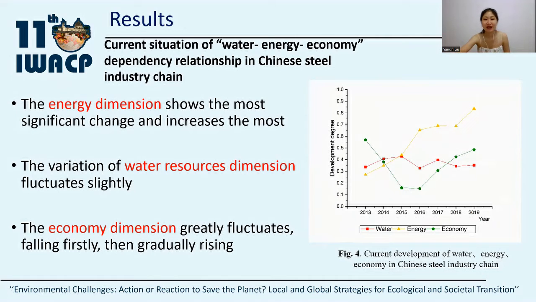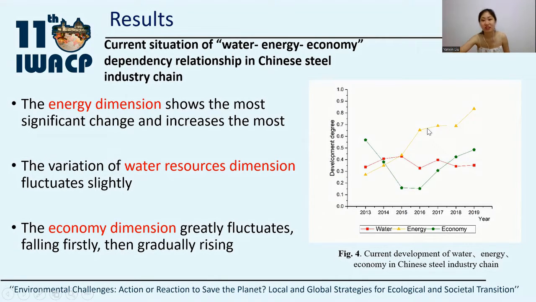About results, there are 2 parts. The first one is the current situation. Figure 4 shows the current development of water, energy, and economy in the Chinese steel industry chain. We could see that the energy dimension shows the most significant change, and it increases most, like the yellow line shown.